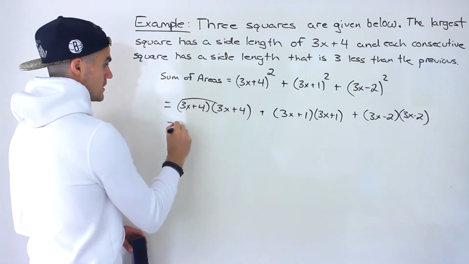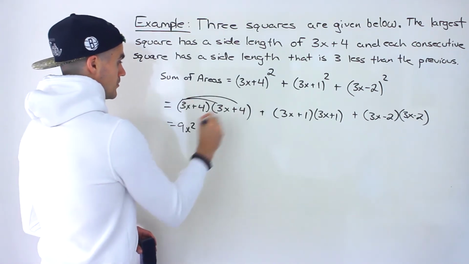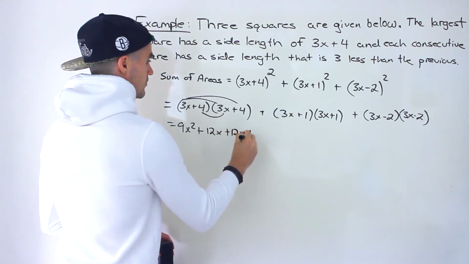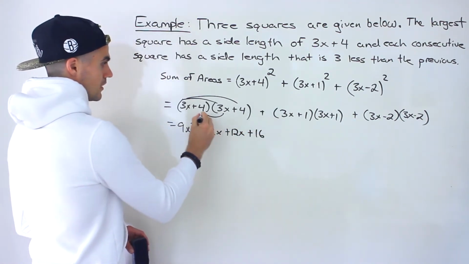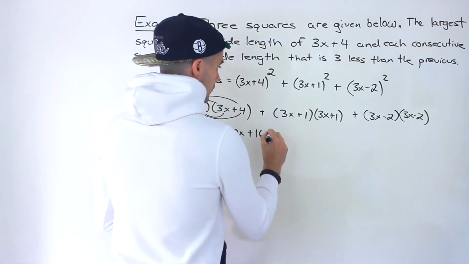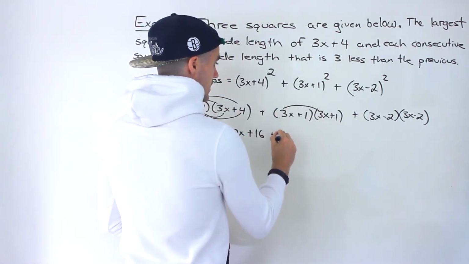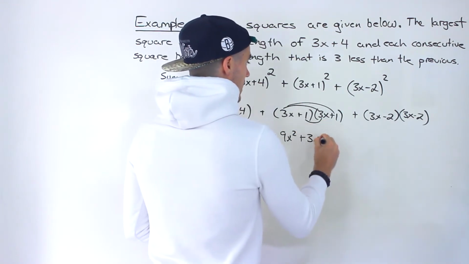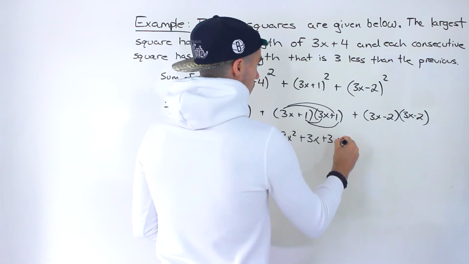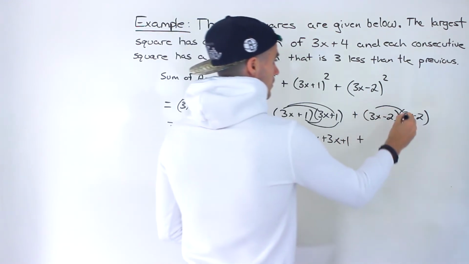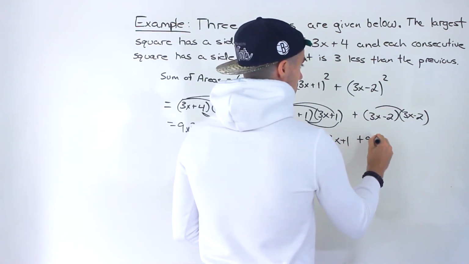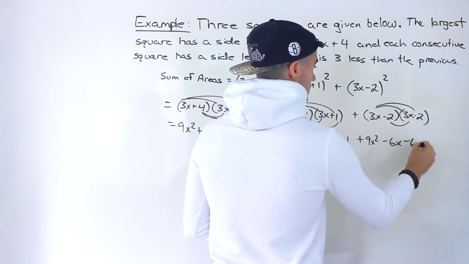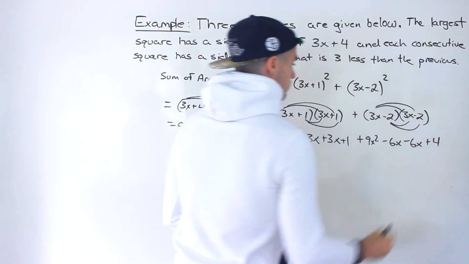So starting with this one, we've got 9x squared plus 12x plus 12x plus 16. Right, 4 times 4 is 16. Moving on to here, 3x times 3x, 9x squared, 3x, 3x, and then 1. And then over here, 3x times 3x, 9x squared, 3x times negative 2, negative 6x, negative 6x, plus 4, like that.